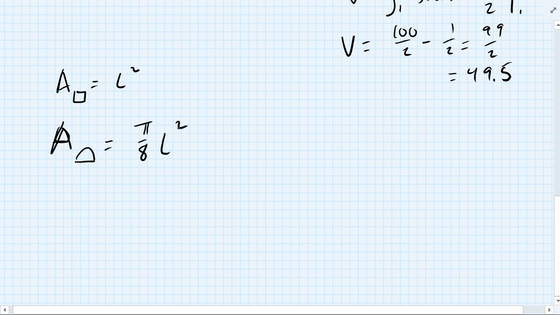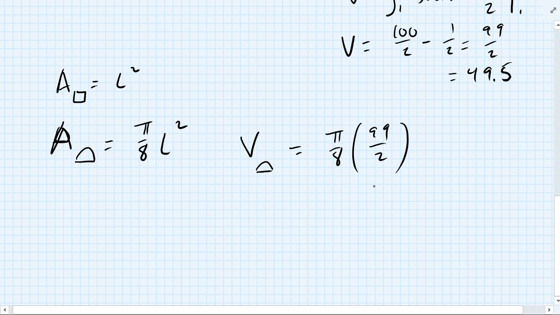So if you just found the volume using squares, do you need to take that same volume and multiply by pi over 8? I'm serious. The volume of semicircles is equal to pi over 8 times 99 halves.